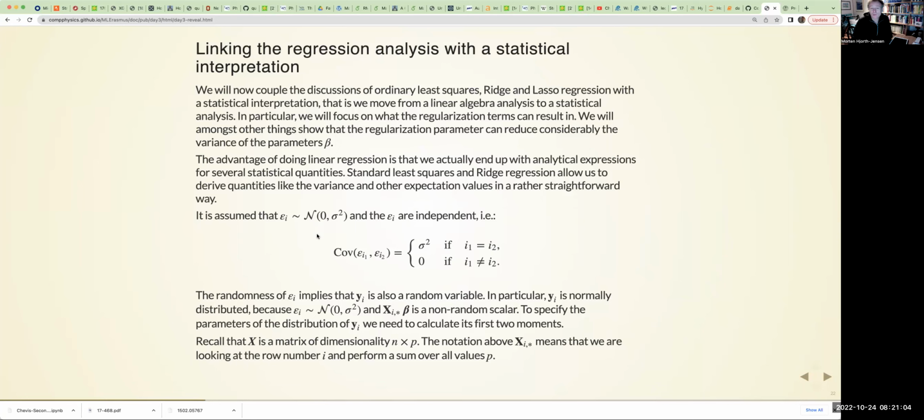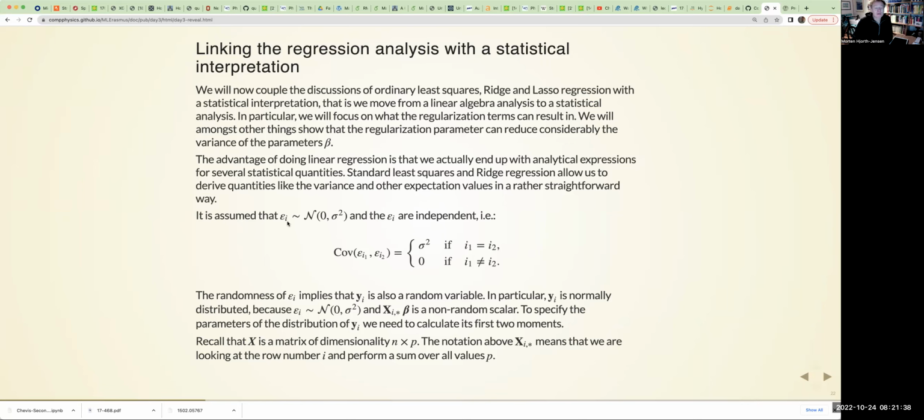Now we have assumed that our data are given by a function f, which is a deterministic function, which means that there is no stochasticity in that specific function. But our data sets, the output, have a noise which we assume to be normally distributed with a mean value 0 and a standard deviation given by sigma, which means that we have a variance sigma squared.